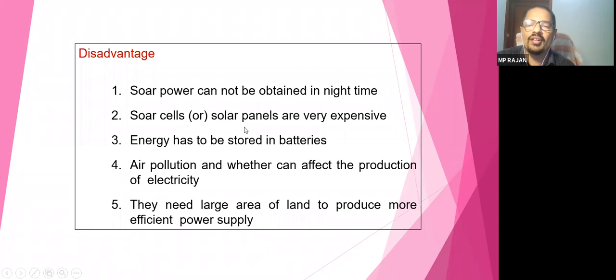Okay. Solar cell panels are very expensive. Still, the production cost of solar panel is high. Mostly we are importing solar cells from outside. Although India is mainly there in this field of manufacturing, still the solar panel initial cost is high.